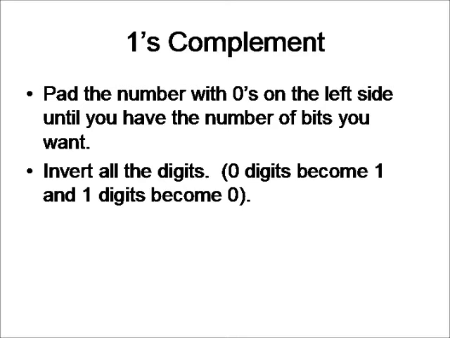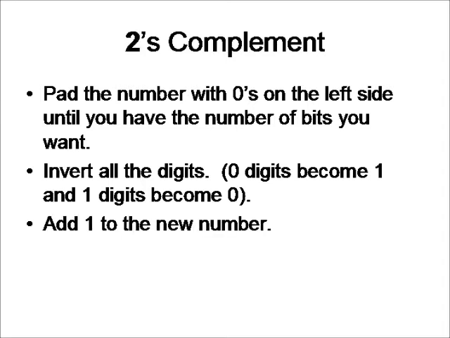Easy enough? Well, a more common technique that is used works almost the exact same way as the ones complement, but with one additional step: after you invert all the digits, you have to add 1 to the new number. This is what is called the twos complement. So let's go back to our previous problem and do the twos complement of this number. Again, we will follow the same first two steps as we did with the ones complement, like so.